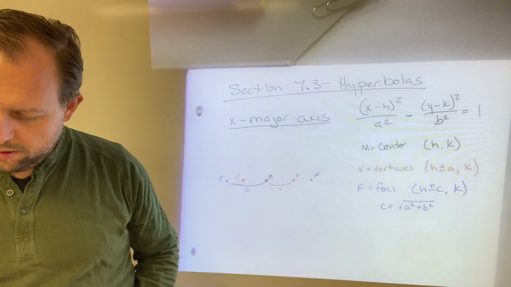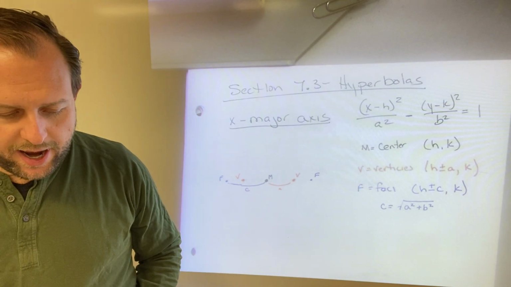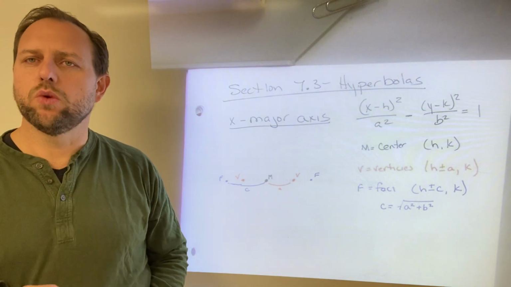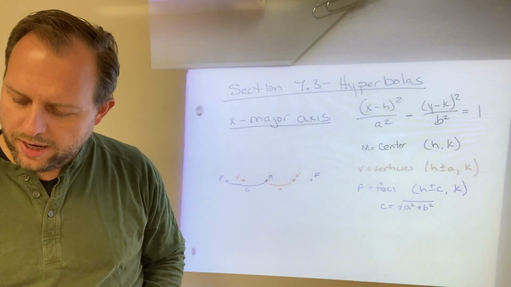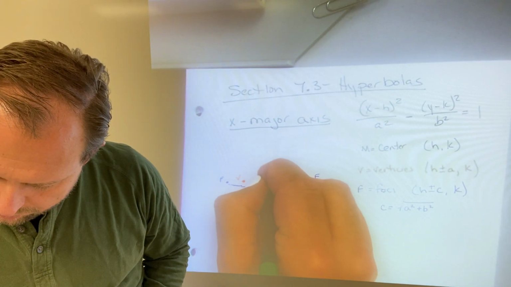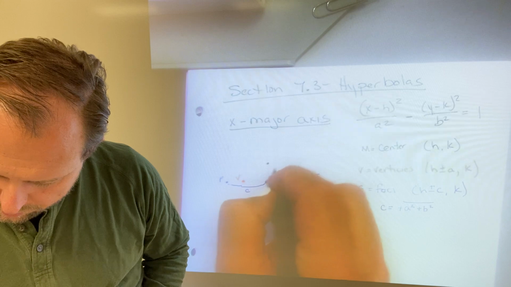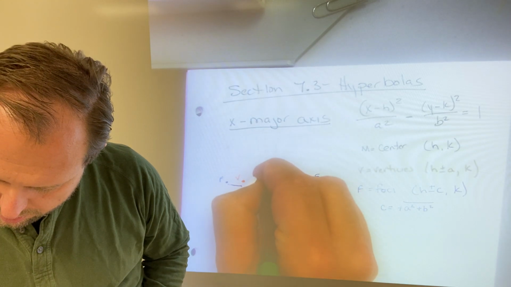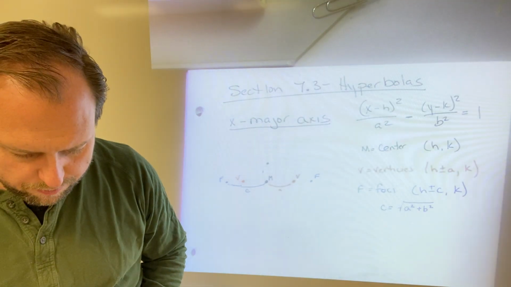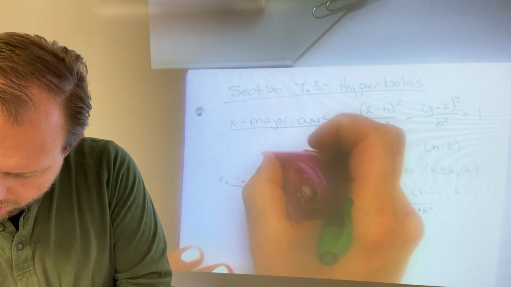B is actually just a point in space. The graph doesn't go through it. And actually, I'm going to bring it down a little bit.